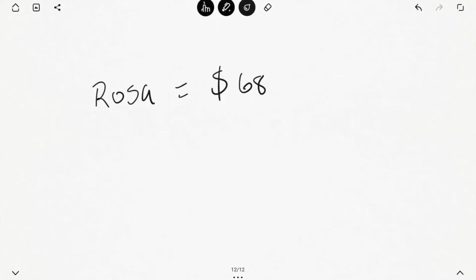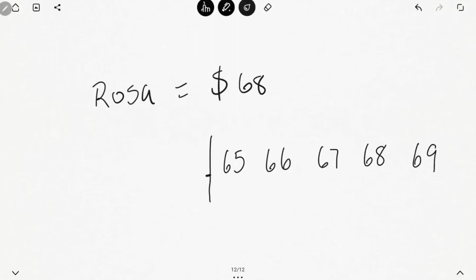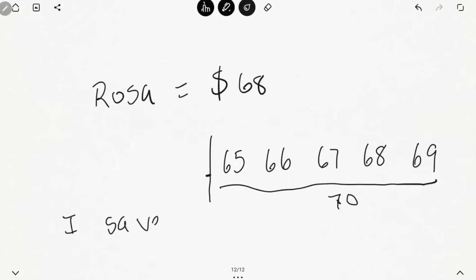From what we saw, if you have 65, 66, 67, 68, or 69, and you were going to write it to the nearest tens number, it would be nearest to 70. So Rosa can tell somebody that I saved about $70.